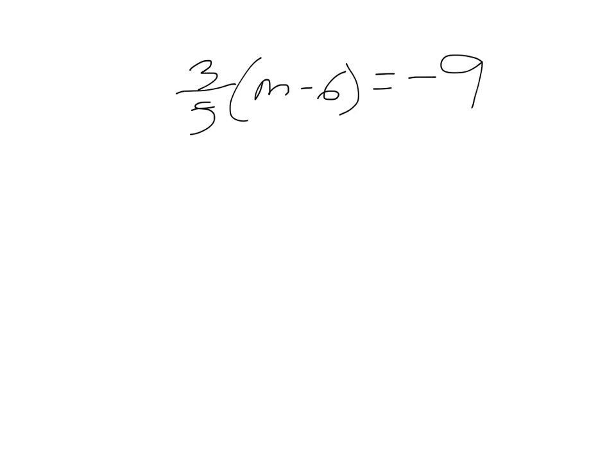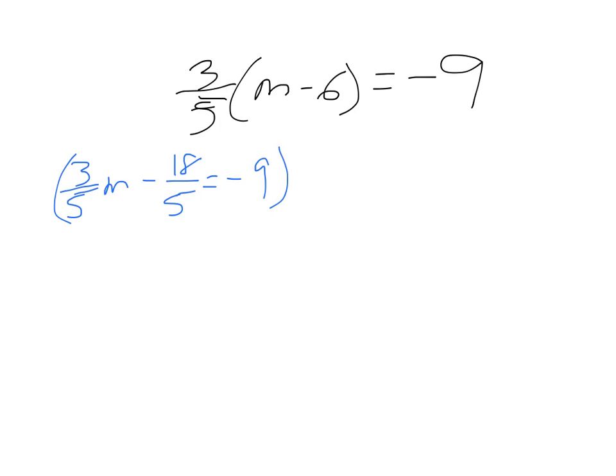Sometimes you may have this question. 3/5 times m minus 6 equals negative 9. So again, I have two ways I can do this. I could start by distributing the 3/5, but that's going to give me those fractions. But if I did that, you get 3/5 m minus 18/5 equals negative 9.